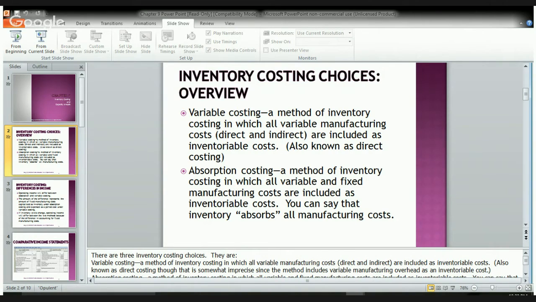3,990,000. My variable marketing cost per unit is $185 per unit. And so here we only use the units sold. So we have $185 times 6,000 units. That's $1.11 million, or 1,110,000.